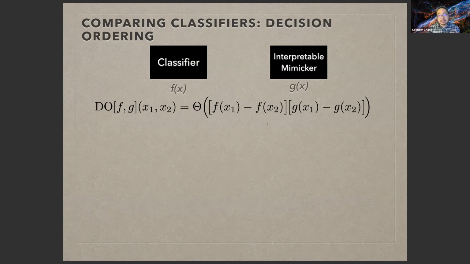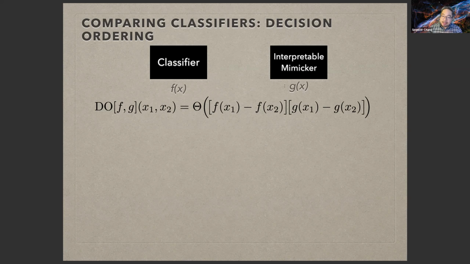So this decision ordering is just saying, once I put the theta function, if they agree on the ordering, f and g, I get 1. If they disagree, so that they have different sign, then I get 0. Decision ordering just basically says, if the two classifiers agree on the ordering, I give 1. If they disagree, I give 0.